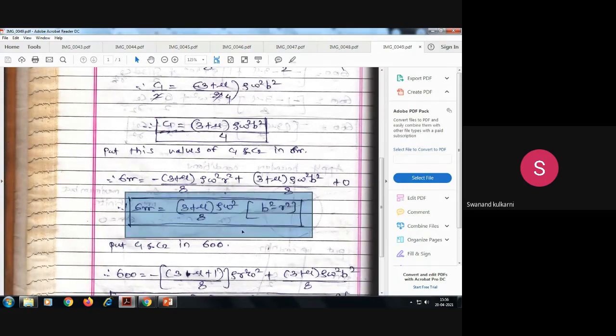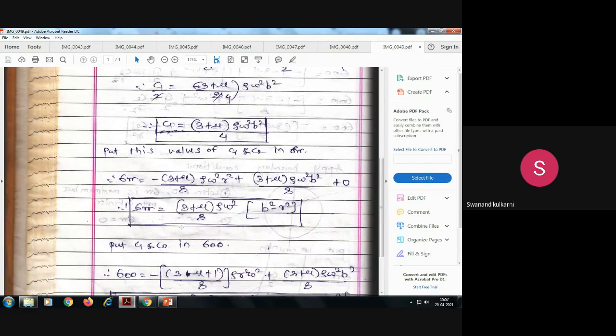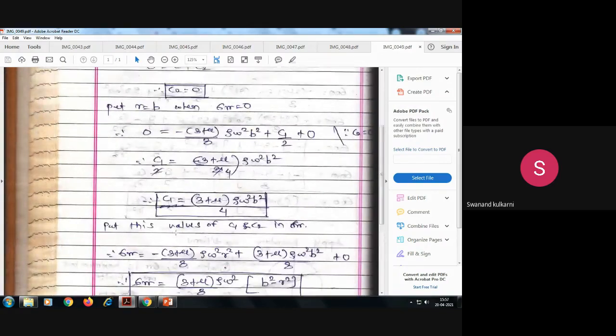We get sigma rr is nothing but (3 plus mu) rho omega square upon 8 in bracket (b square minus r square). Is it okay? Similarly, by substituting the values of C1 and C2, where C2 is equal to 0 but C1 is equal to (3 plus mu) rho b square omega square upon 4.